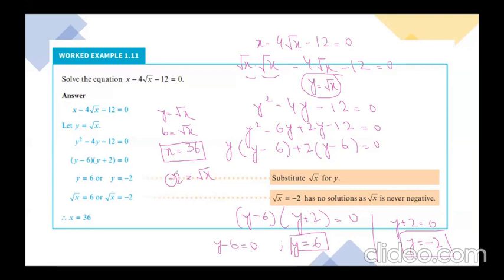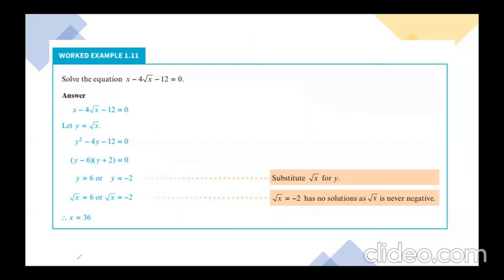But in the imaginary case there must be an addition of the iota sign, that is iota equals under root minus 1. So x equals 36 is the value of x. Now let's move forward.